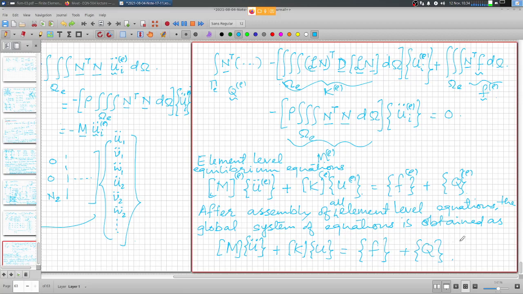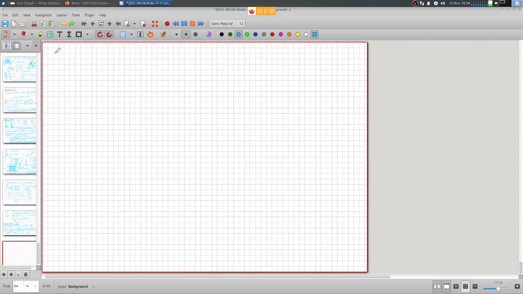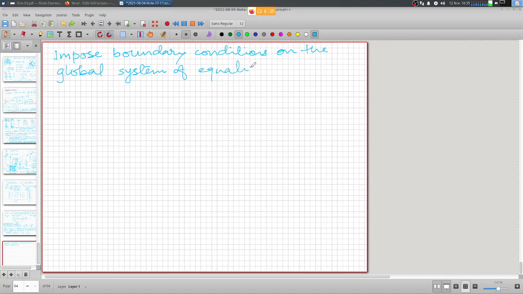And then we impose the boundary conditions. Subsequently, we impose boundary conditions on the global system of equations, and then the equation may be solved for unknowns.